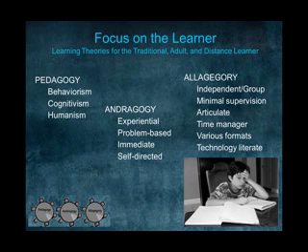So the first elements that we see in this engine help us to focus on the learner. Okay, and it's a very important piece, and it's one that is typically missing in the design of technology-based instruction.